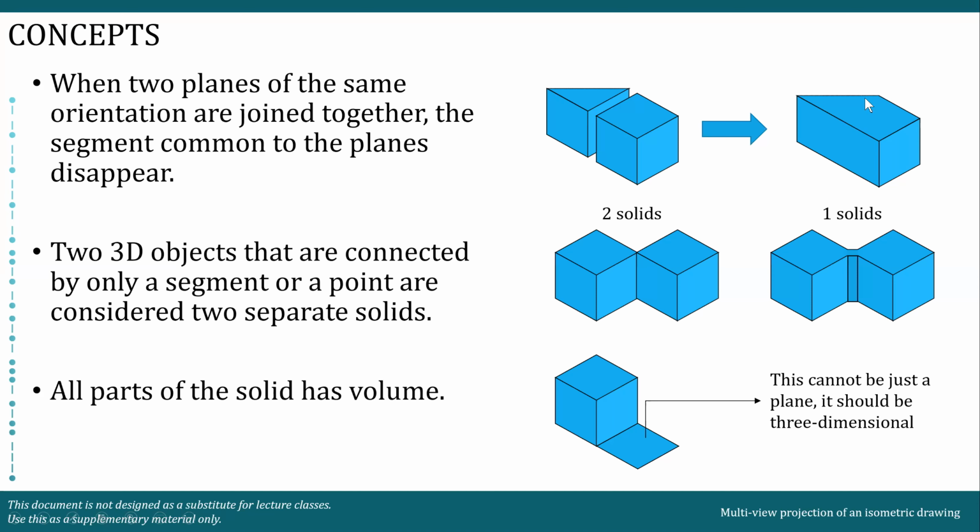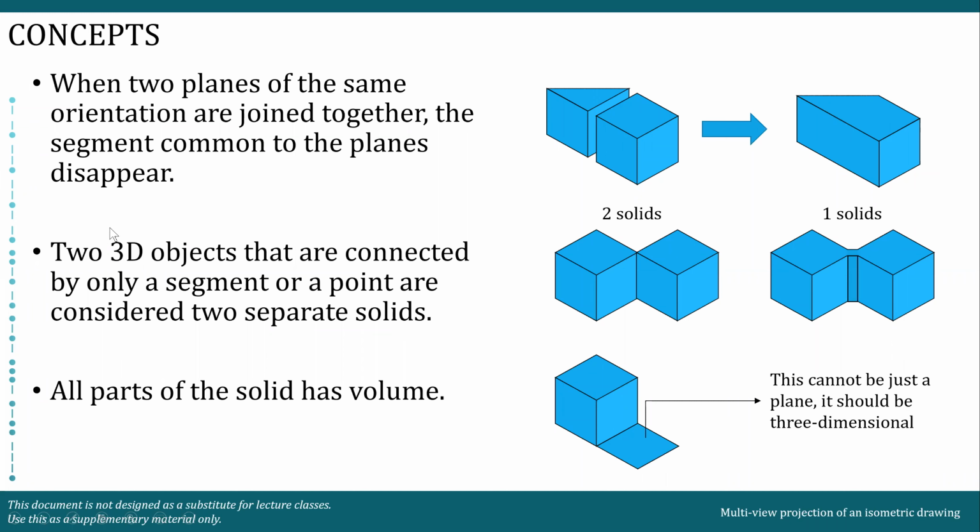Kasi kung magkapareho sila, dapat mawawala yung line. Naintindihan? Ulit. Kapag may planes ka na magkadikit na pareho ng orientation, then mawawala yung line sa gitna. Okay? So that's the first concept that you should remember.